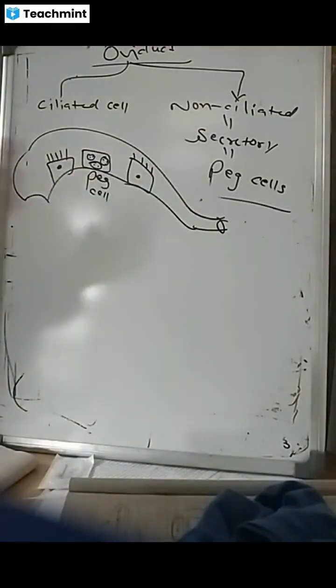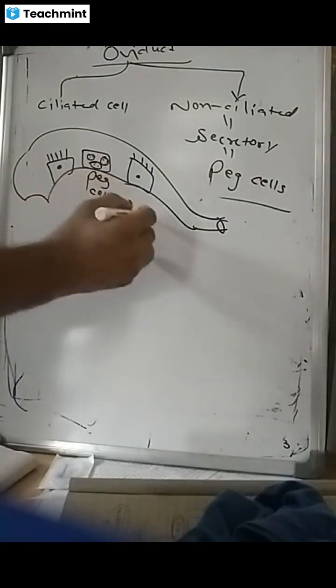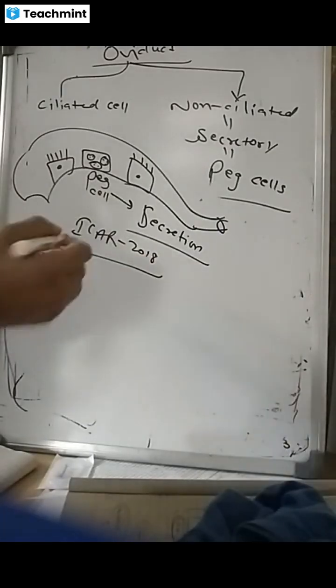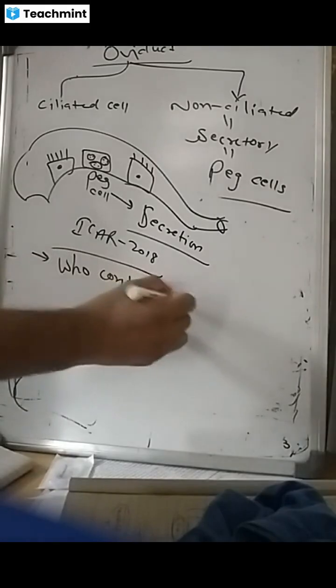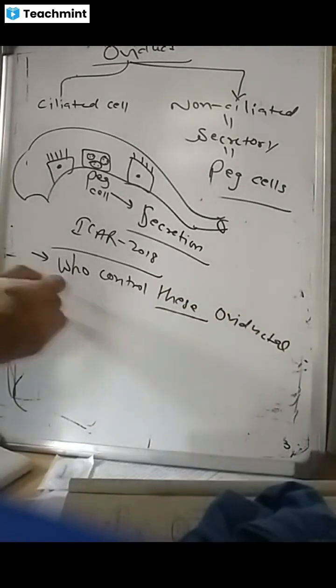Again, the role of these cells is secretion. Who controls oviductal secretion?